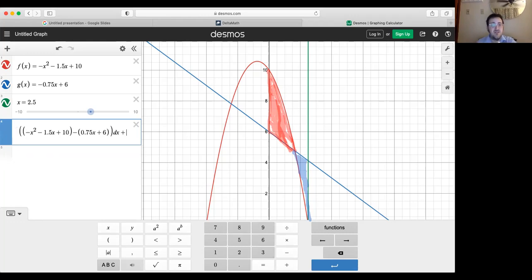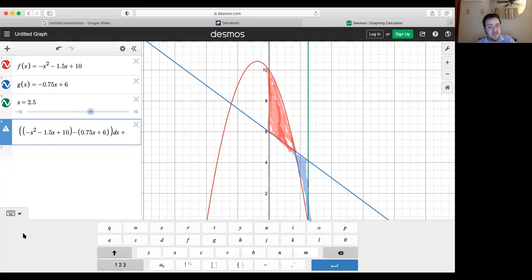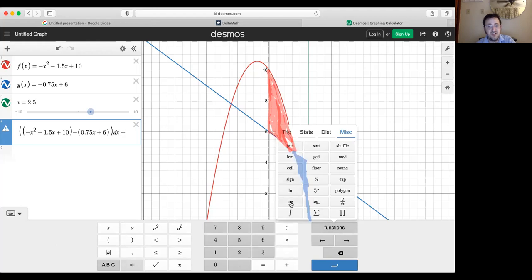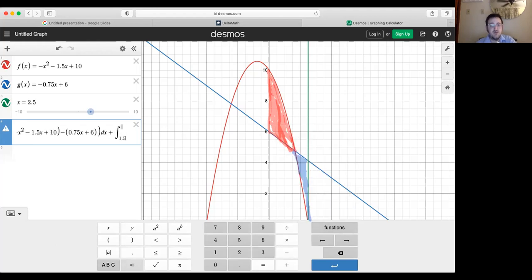All right, so then we're going from 1.66 to 2.5. So I'm going to create another integral. So I'm adding areas. I'm just going to go to functions, integral. So I have 1.66, and then they gave an upper bound for our x value of 2.5.